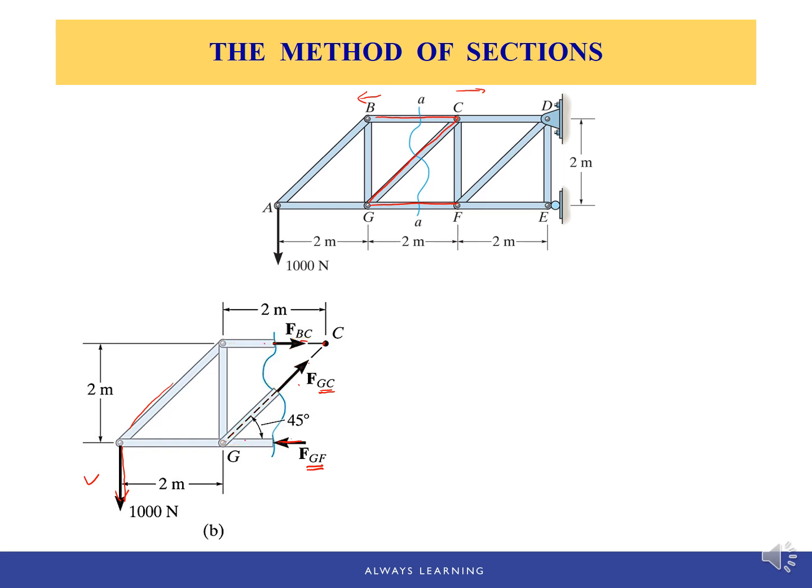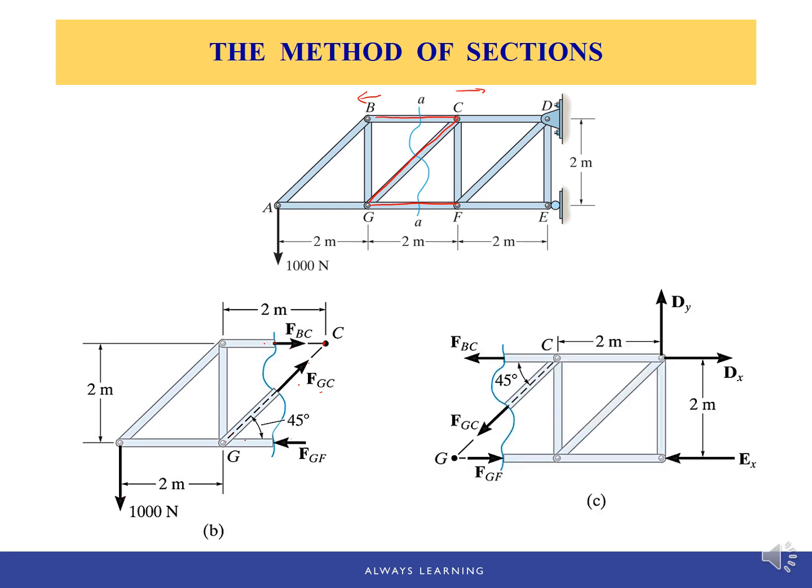For the right segment, if we're going to draw a corresponding free body diagram, it will look like this. First of all, since it's a free body diagram, we need to remove those supports at pin D and pin E. D is a fixed pin support, so there will be two support reactions.